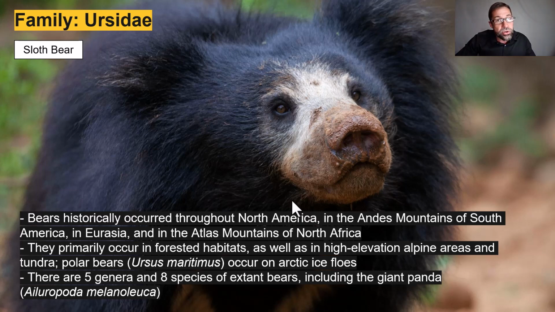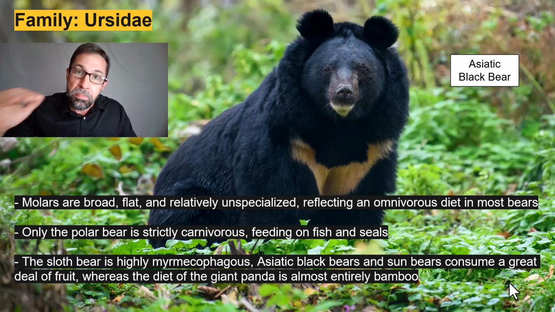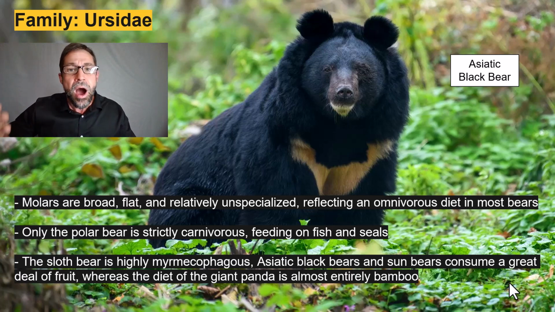Polar bears are unique in that it's the only bear species that hunts on Arctic sea ice. The molars of bears are broad, flat, and relatively unspecialized, reflecting the omnivorous diets that we observe in most species.